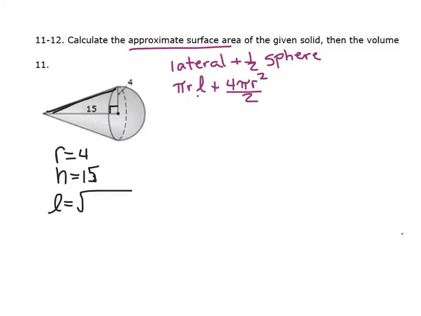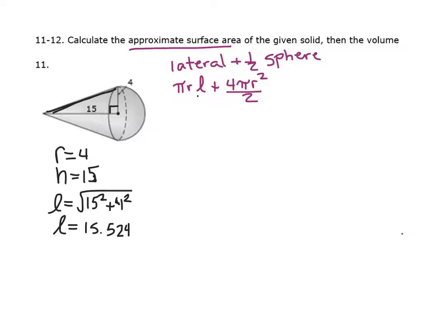It's the hypotenuse, so we're going to do 15 squared plus 4 squared. When you calculate that, you should get approximately 15.524.